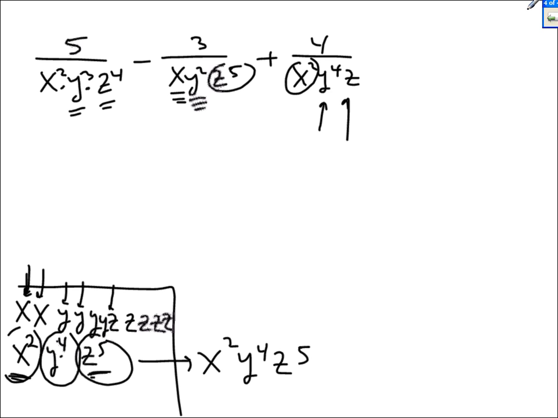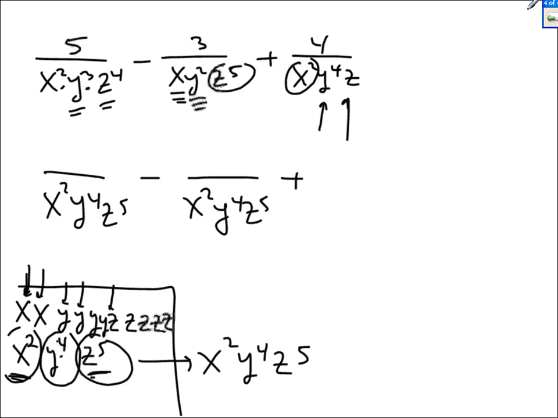There it is. That's what I want all 3 denominators to become: x squared, y to the 4th, z to the 5th, for each of them.